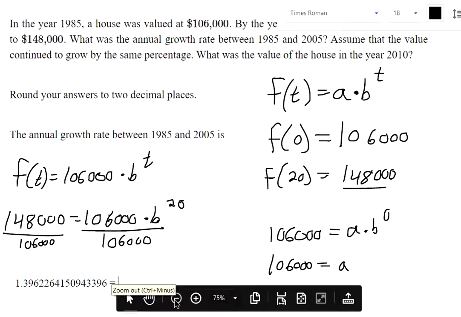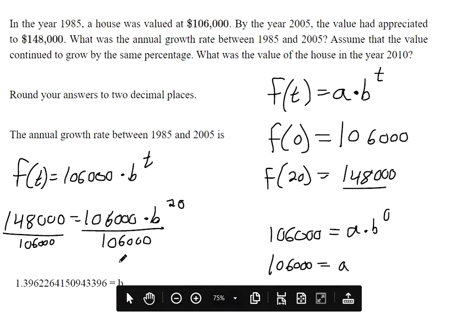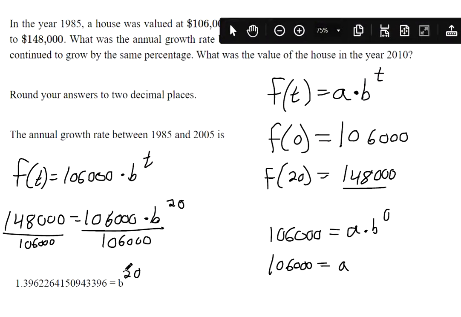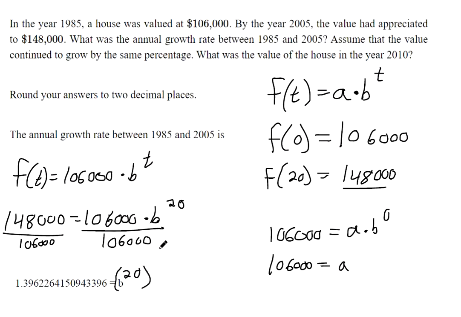That equals our b, which is being raised to the 20th power right now. To get b by itself, some students would say divide both sides by 20. Look, that 20 is an exponent, so you can get b by itself by raising both sides to the 1 out of 20th power. Remember, a power on top of another power, that's a rule of exponents: you multiply. So 20 times its reciprocal gives you just 1, which gives you b to the first.